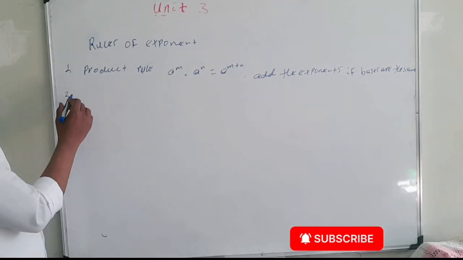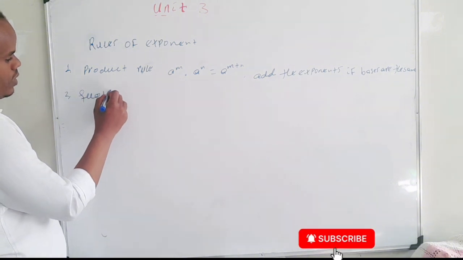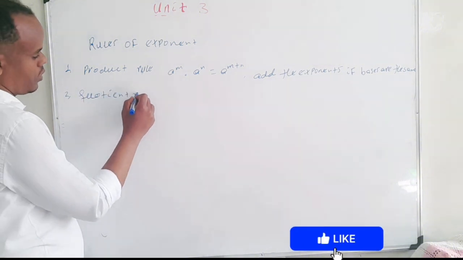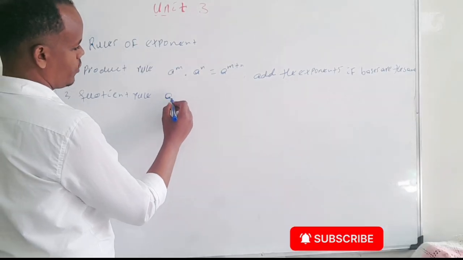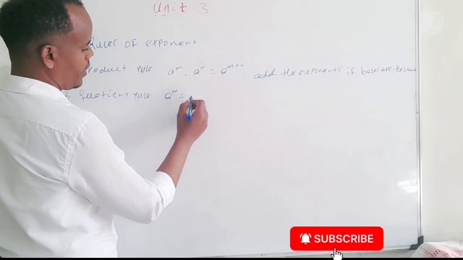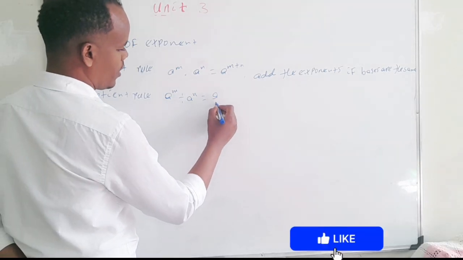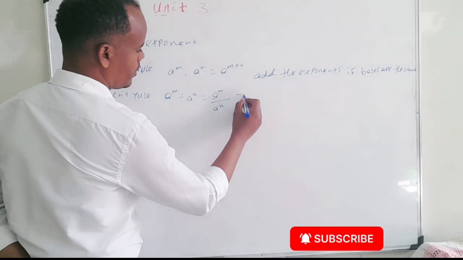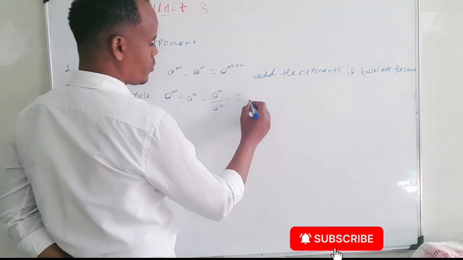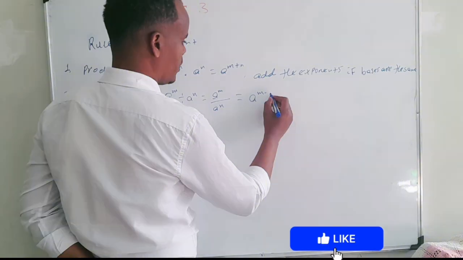And the second one is the quotient rule. That is a to the power of m divided by a to the power of n, or a to the power of m over a to the power of n, equals a to the power of m minus n.